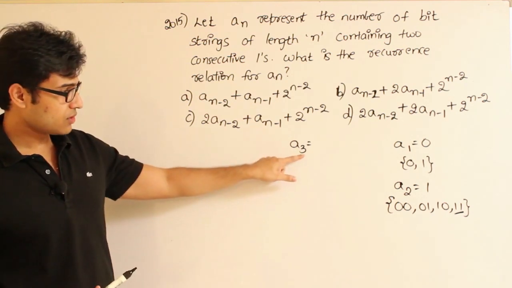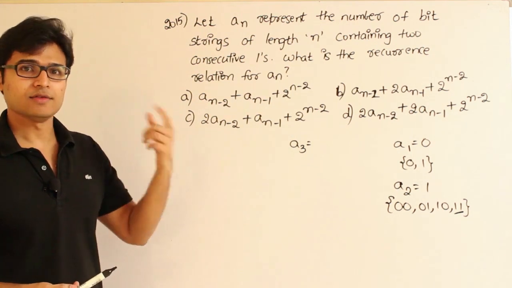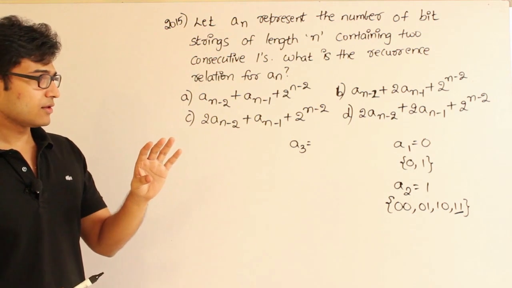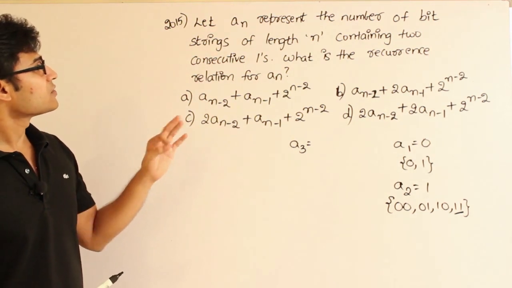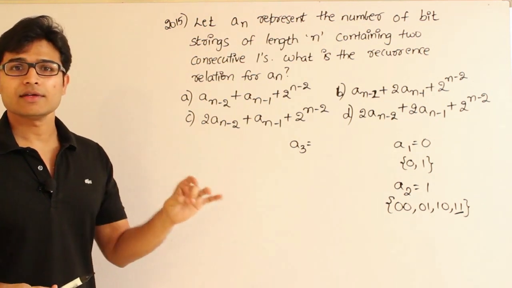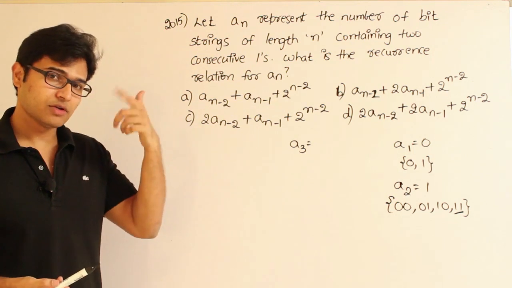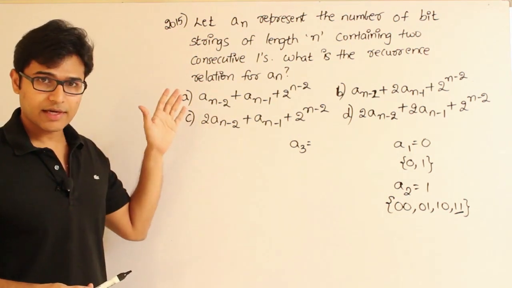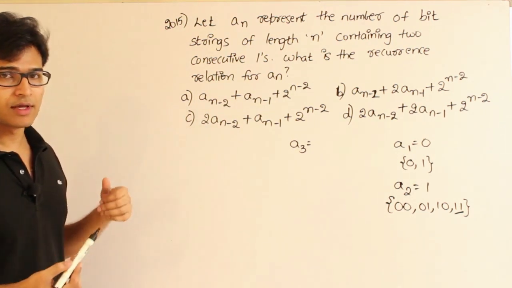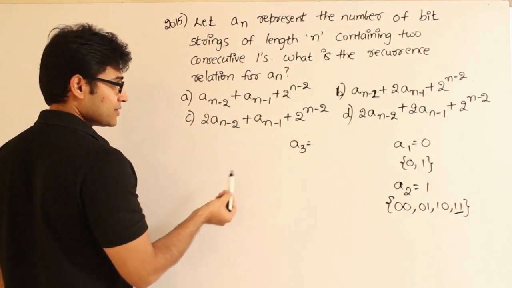If you look at the set of all strings of length 3, 0 does not have two continuous ones, 1 does not have two continuous ones, and 3 it has. That is how you can do it in your mind. But here, just to explain it in a clear and concise manner, I am writing out everything. In the exam you do it in your mind, so you might feel that I am taking a lot of time, but it is required.